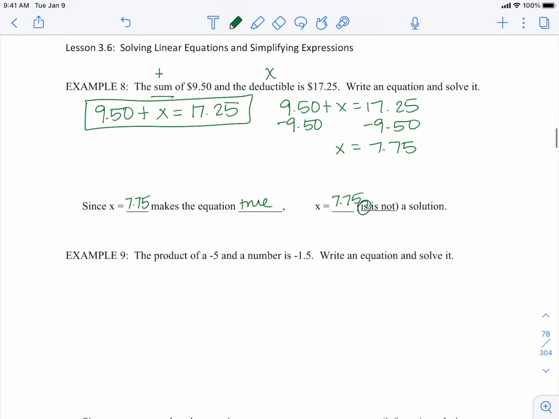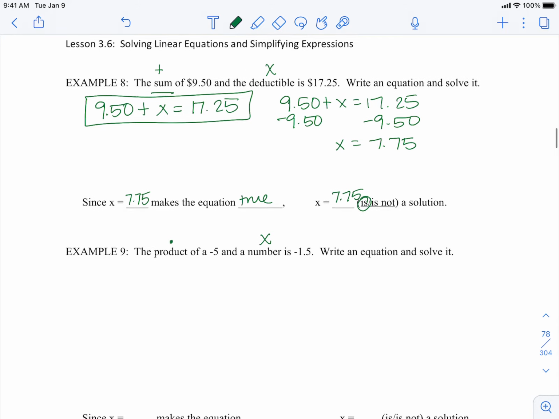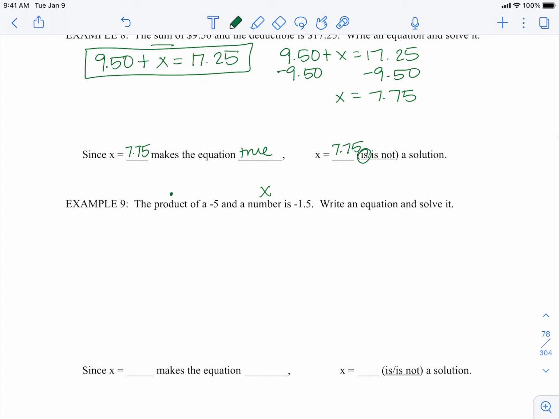Next one, the product of -5 and a number is -1.5. Write an equation and solve it. So for a number, I'm going to call it X. Product means multiply. So I have -5 times X equals -1.5.